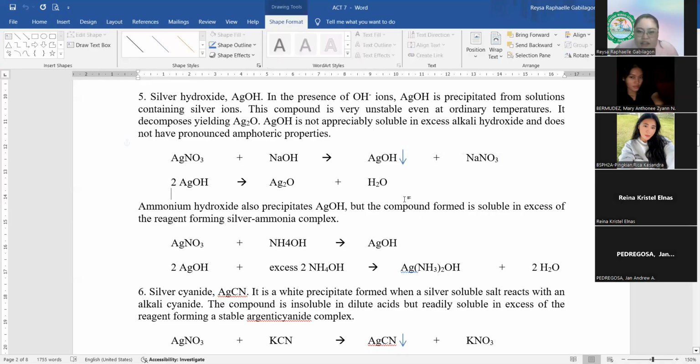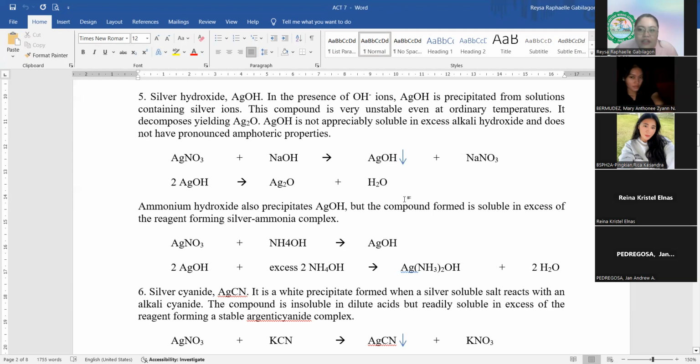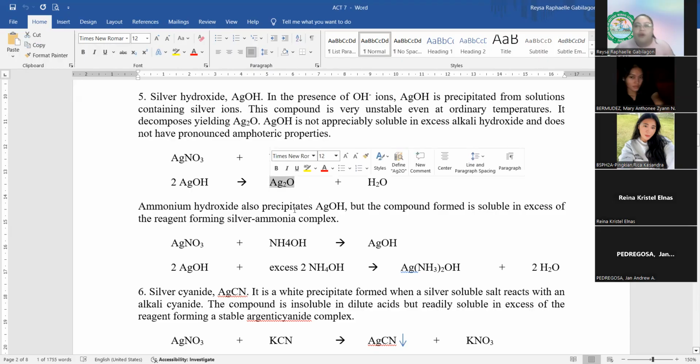However, silver hydroxide is really unstable even at ordinary temperature. So, you can't really see the silver hydroxide in the solution, because most of the time it decomposes into silver oxide. Okay? So, when the reaction is really complete, the silver hydroxide disappears and you will see the silver oxide. But their color is the same. It's actually brown. The silver hydroxide is brown.